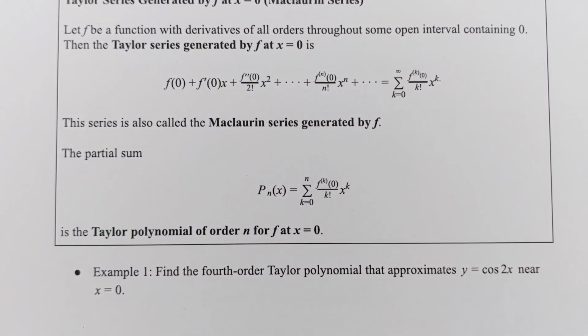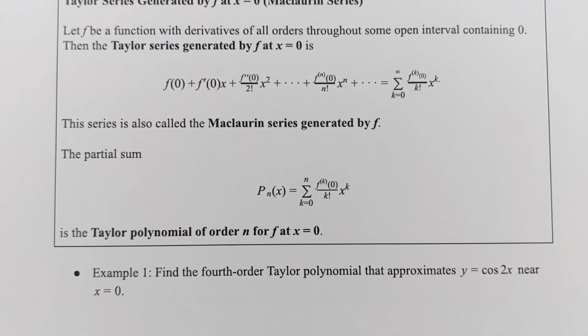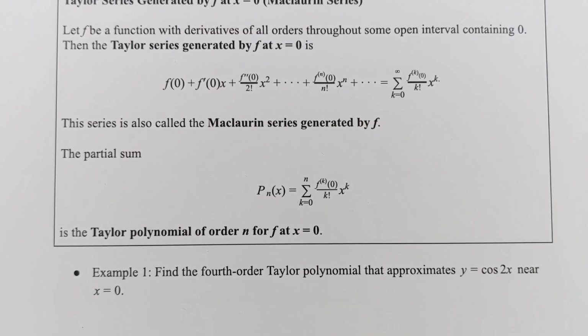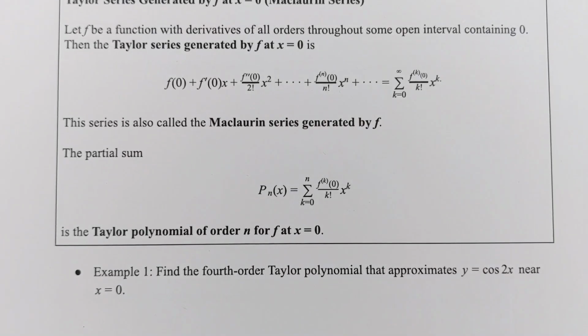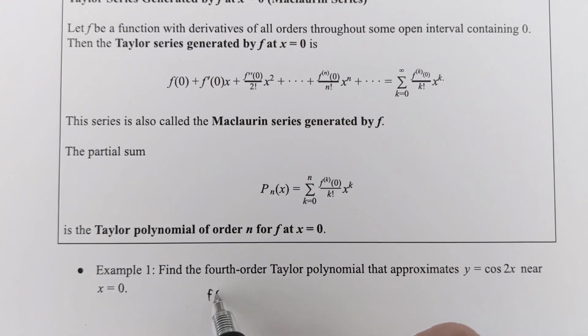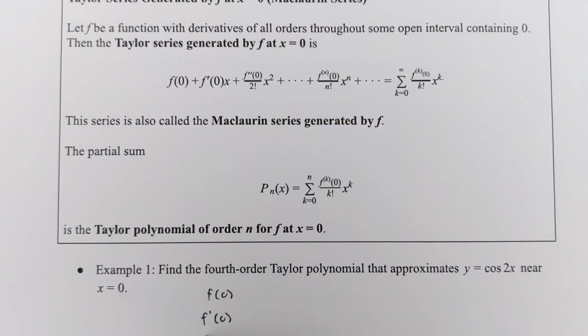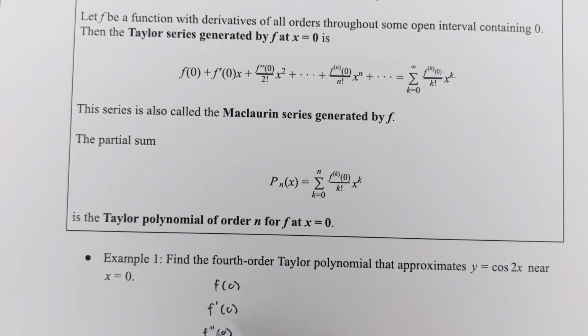So if we look at example 1, how this works: find the fourth order Taylor polynomial that approximates y equals cosine 2x near x equals 0. So what I need is f of 0, f prime of 0, and f double prime of 0, which is going to be my x squared term.